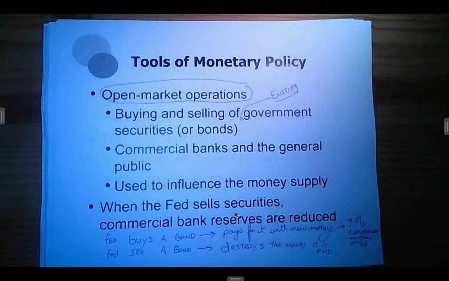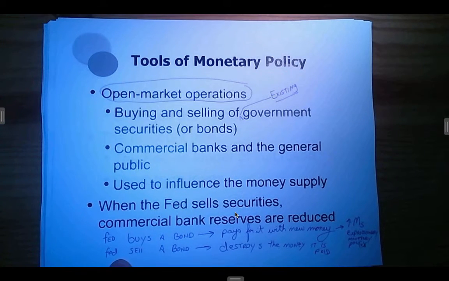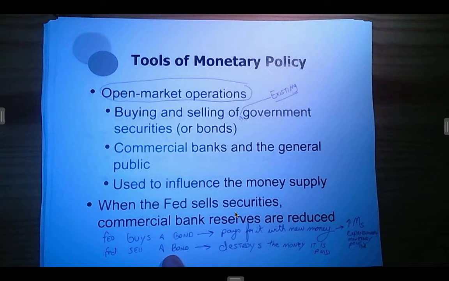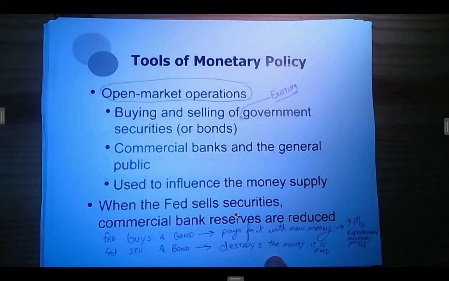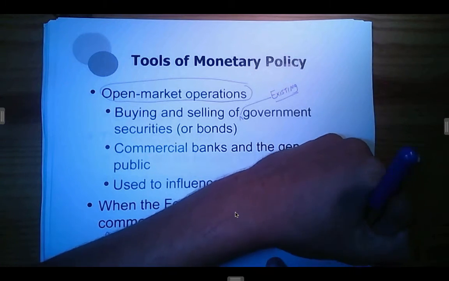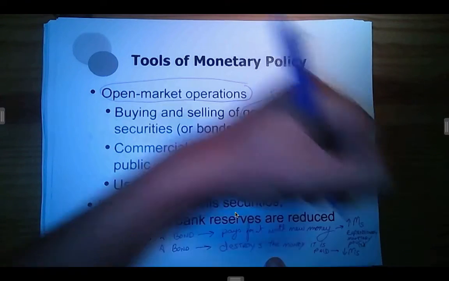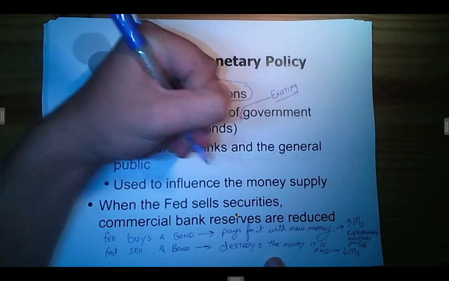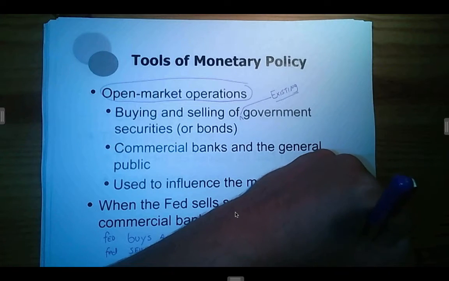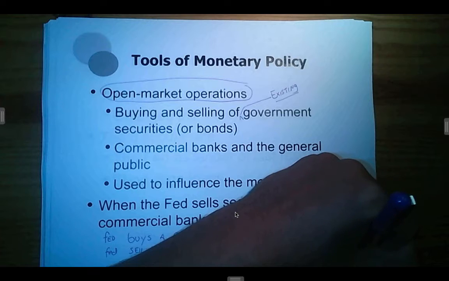I as an individual could buy a bond that's sold to me by the Fed. Someone else will pay cash for it, and that cash will be destroyed. That would mean the money supply is going down. That would be a contractionary monetary policy.